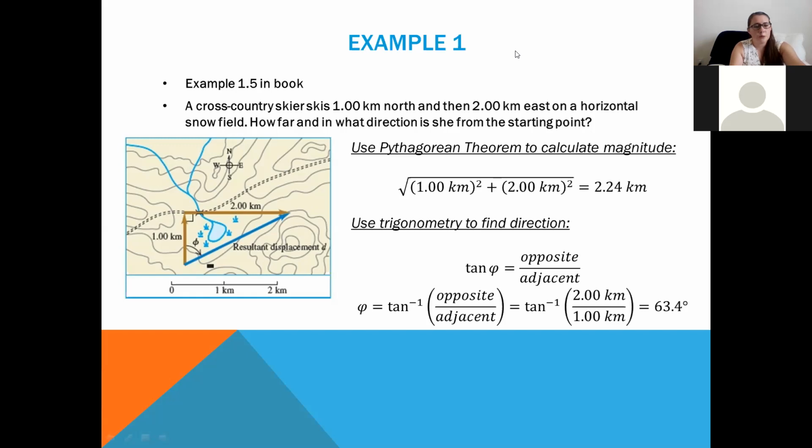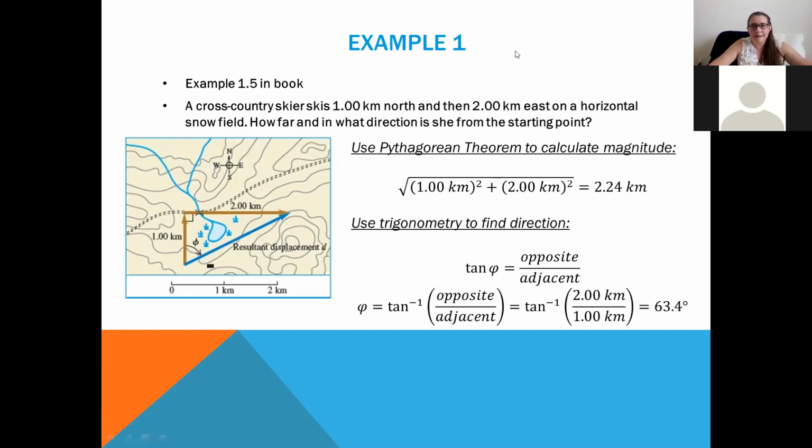How did I get 2.24? You got 5. Did you take the square root of your answer? Because remember, the magnitude is the square root of 1 squared plus 2 squared. Your calculator wasn't on degree mode. Oh, I'm so glad, and sorry, but so glad that that happened to you, because that is a really common problem.